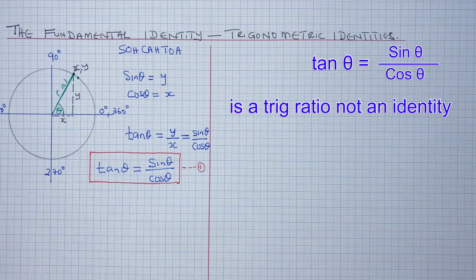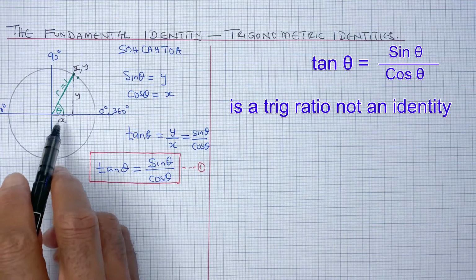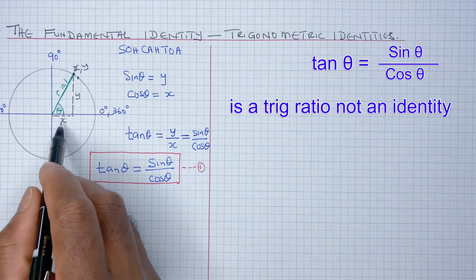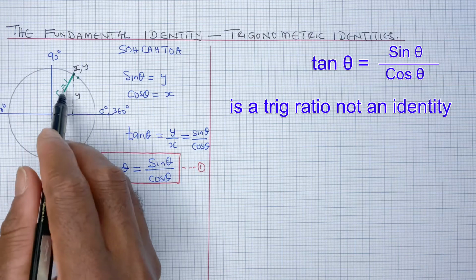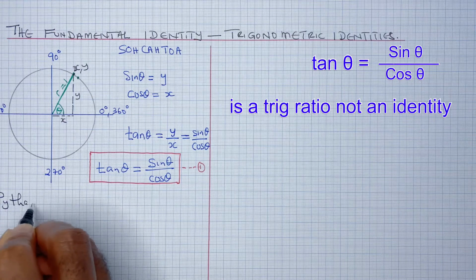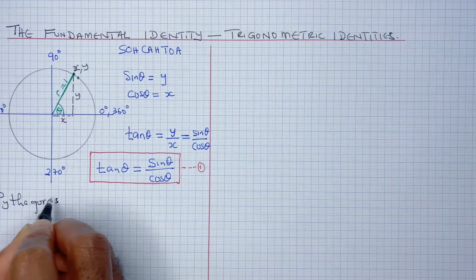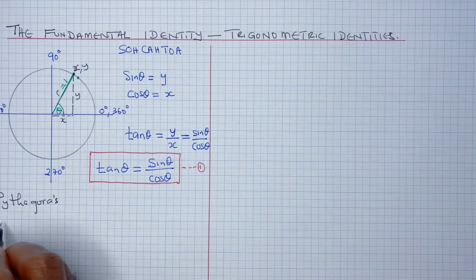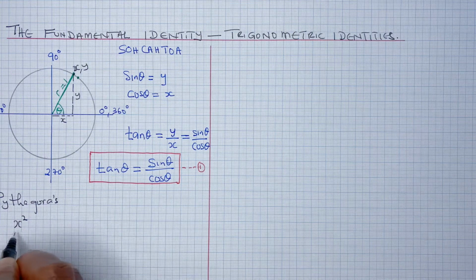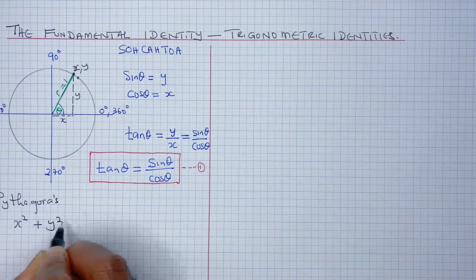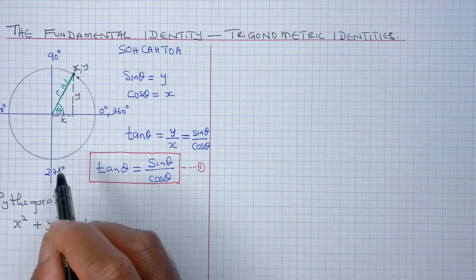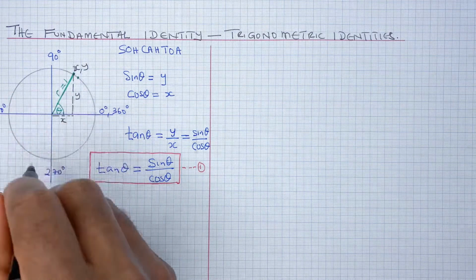Right. Now, what we can also do is use the Pythagoras theorem here. So from Pythagoras we get x squared plus y squared equals r squared, and r squared equals 1, because I'm using a unit circle.